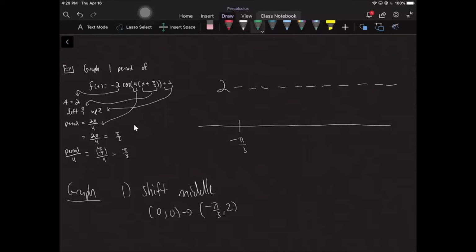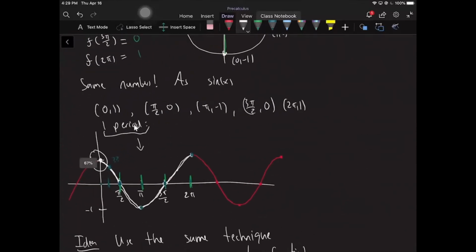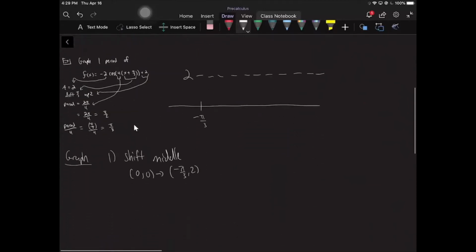And that's going to be the middle of the graph. So for sine, we would have put a dot right there because sine starts at 0, 0, and then it goes up. But that's not correct for this one because cosine does not start there. Cosine starts at the top of the amplitude. So actually what we need to do is not actually draw a point, but we need to first get the rest of the sketch going.